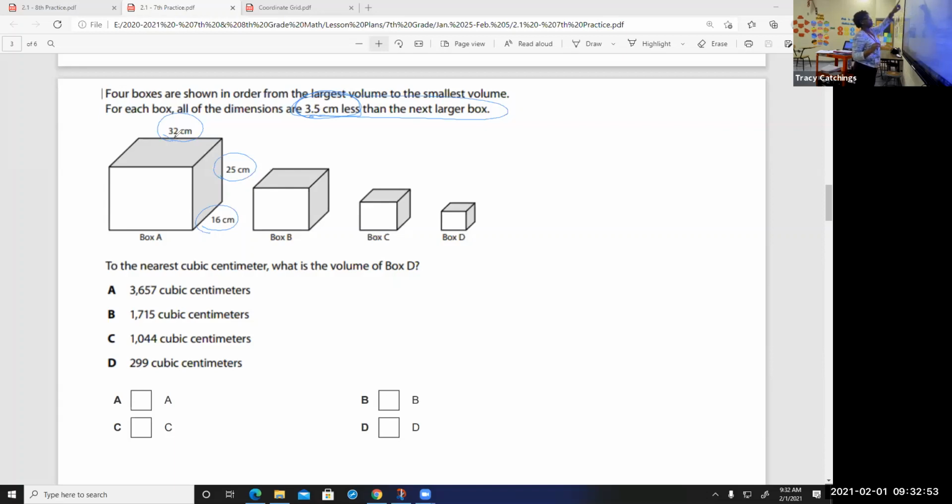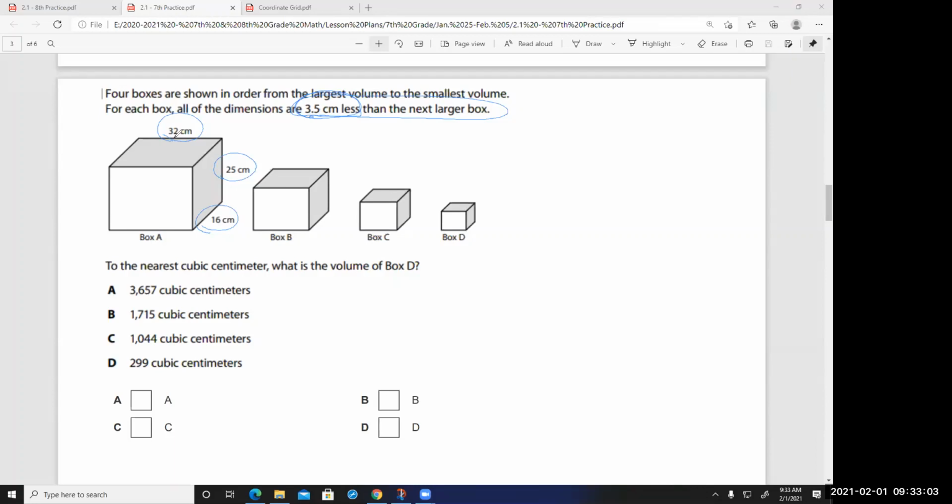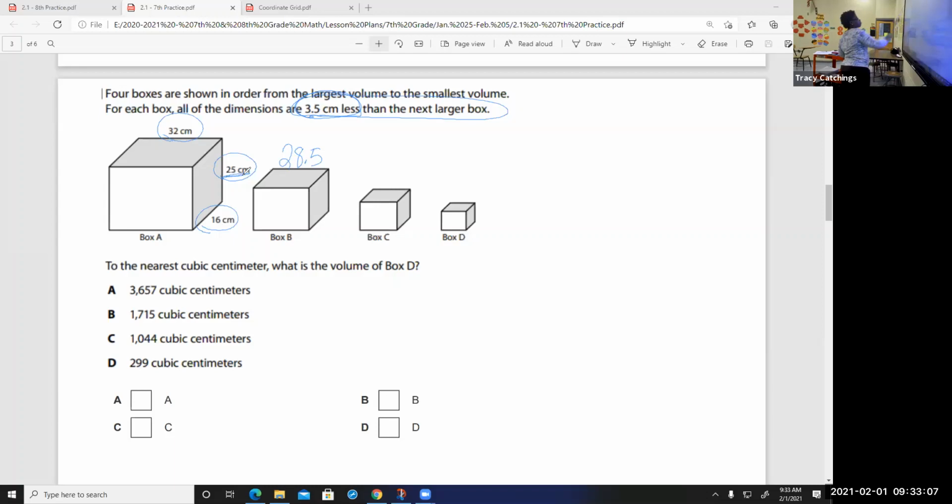What's 32 minus 3.5? 28.5. 25 minus 3.5? 21.5.